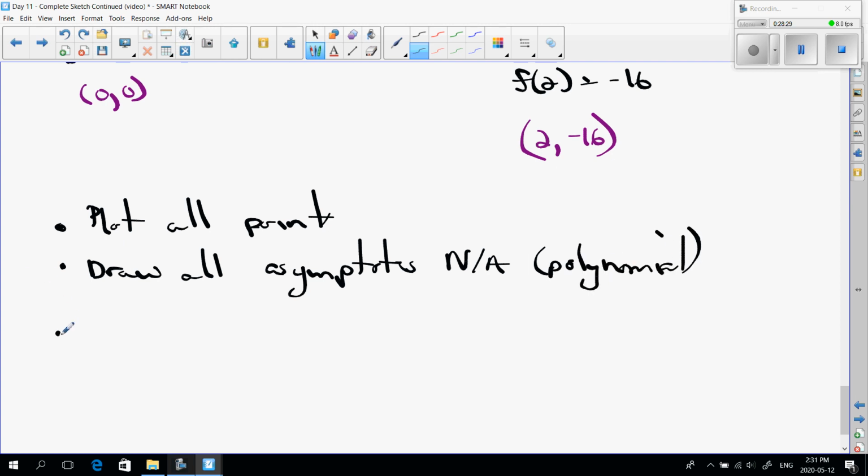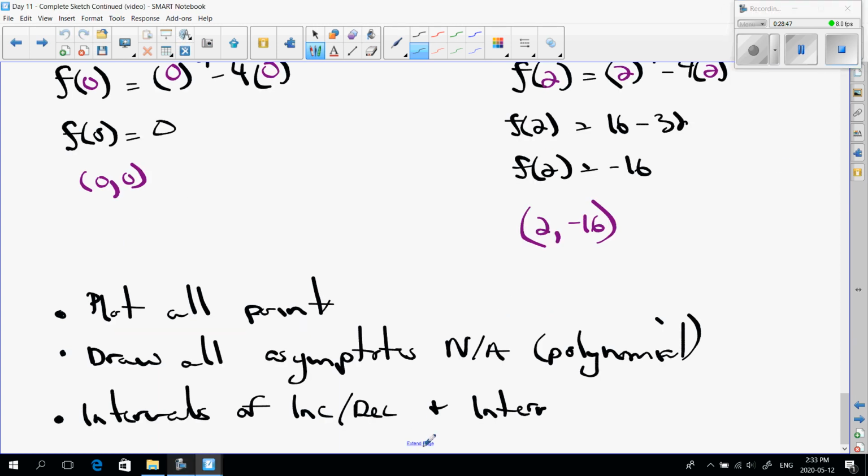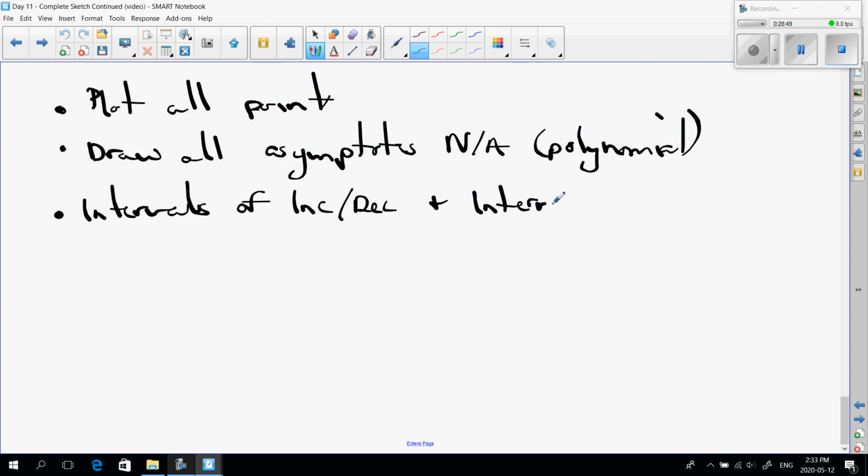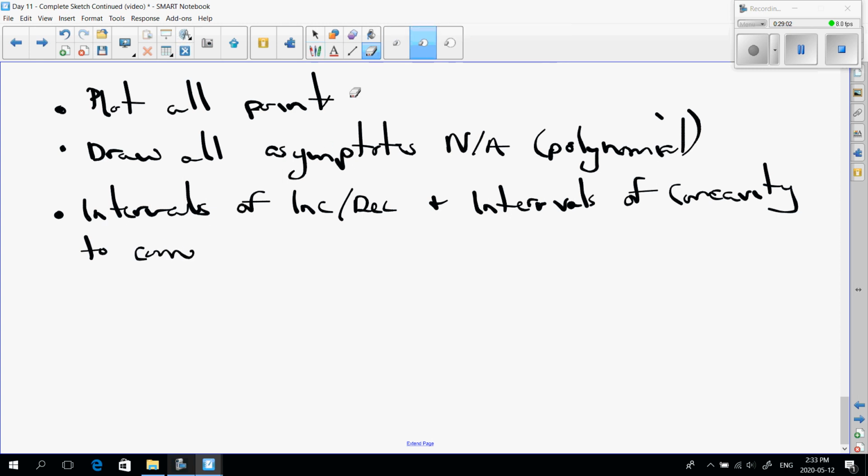And then we are going to use intervals of increase and decrease, along with the intervals of concavity as well. Concavity to connect the dots, basically. So I'll show you what I mean.